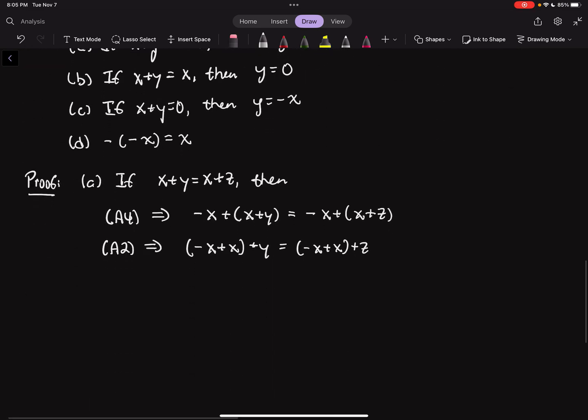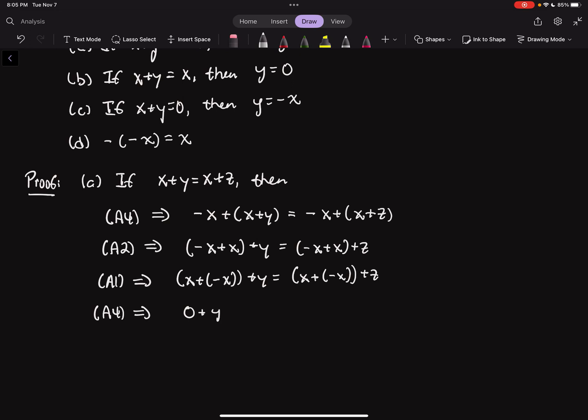We didn't say minus x plus x is 0, but we can use commutativity of addition, A1, to reverse the order. x plus minus x plus y equals x plus minus x plus z. Now, x plus minus x, though, that is indeed 0. And we used A4 to do that.